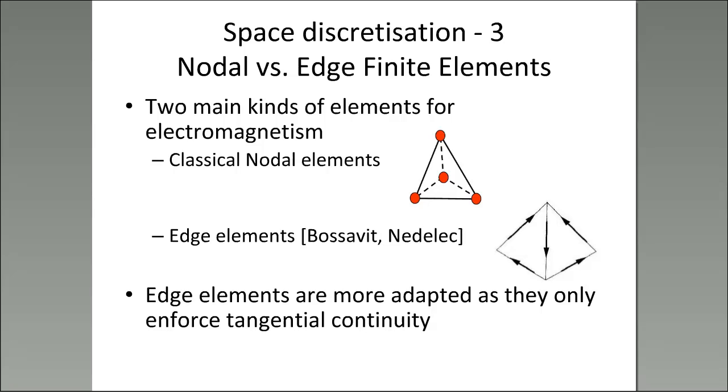However, if you use classical nodal elements, you enforce a normal continuity which is not physical and which very often can give rise to spurious oscillations in the numerical solutions. And therefore, that's why it's better to use edge elements.